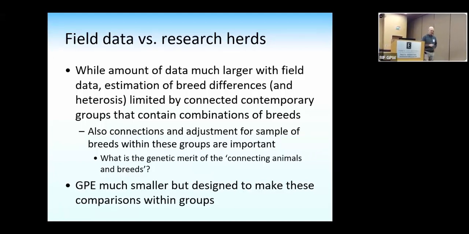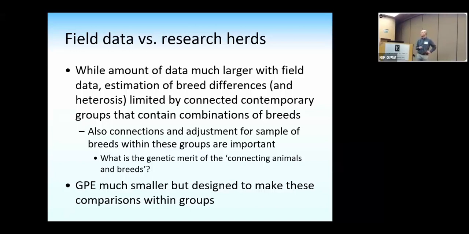So just thinking really quickly, what is there in field data versus research data and what's available in these types of populations. There's a whole lot more data in our field data in the IGS system, for instance, but it's limited by how the breeds you're worried about are actually connected to each other, and by the comparisons actually being made within contemporary groups.